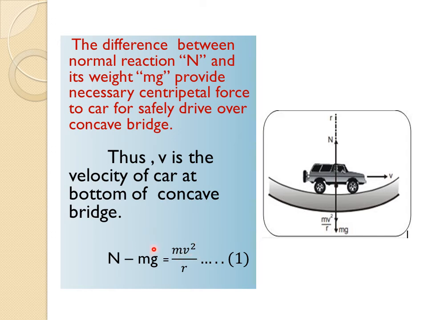So N minus mg is equal to mv square upon r, where v means the velocity of the car at the bottom of the bridge. So see the next.